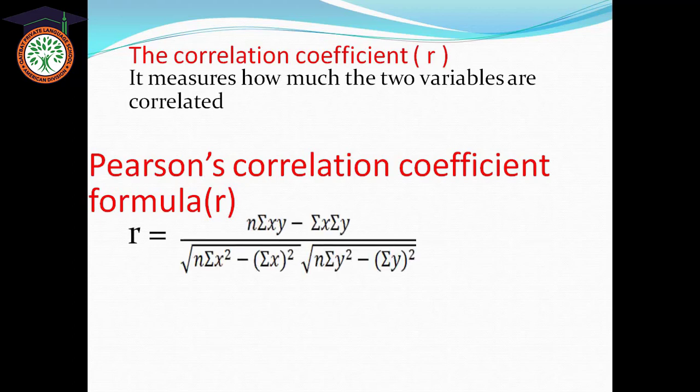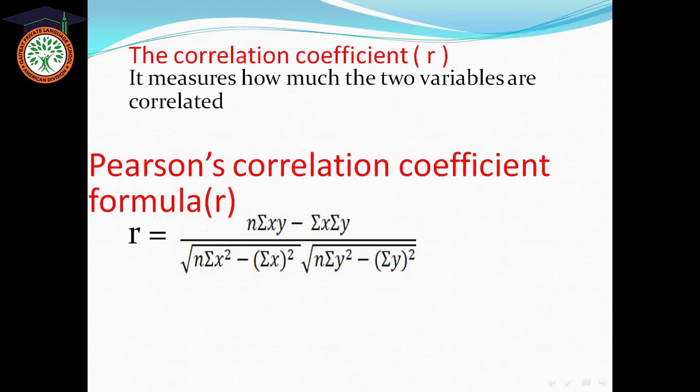To find R, R equals n times the sum of the product of x times y, minus the sum of x times the sum of y, over the square root of n times the sum of x squared minus the sum of x all squared, multiplied by the square root of n times the sum of y squared minus the sum of y all squared.